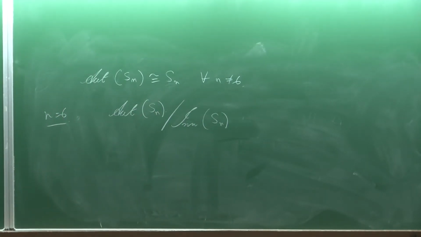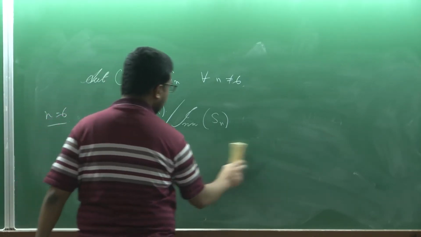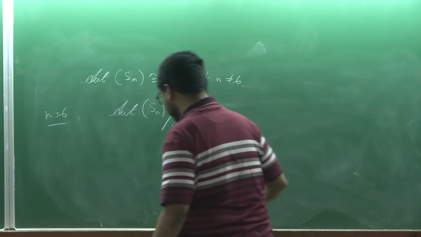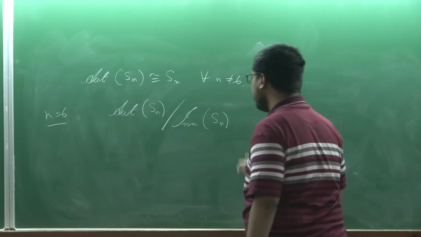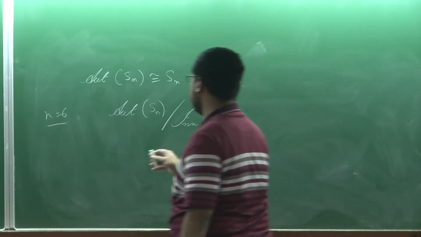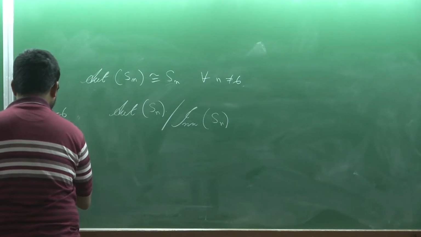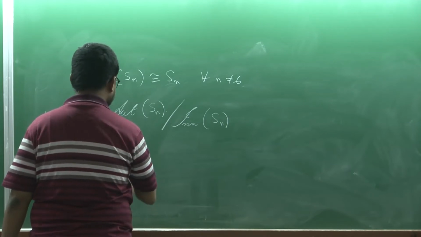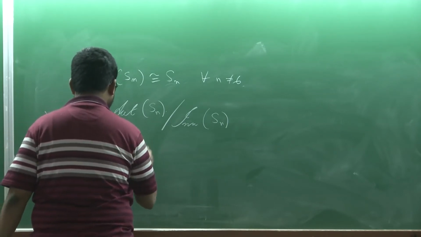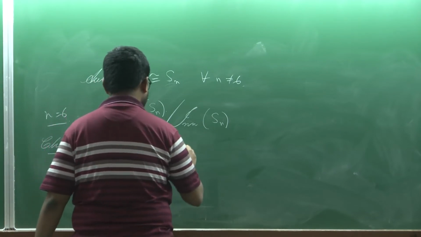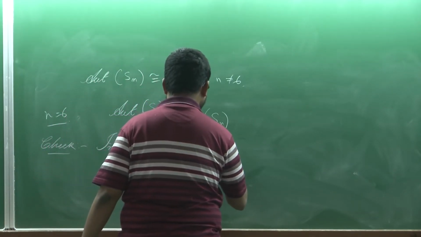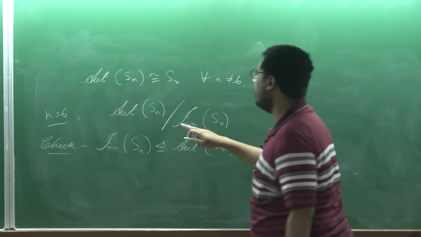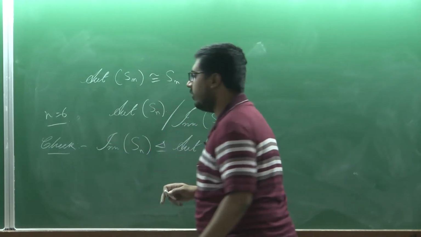That you can immediately check; it is not at all difficult, just a routine verification. So it makes sense to talk about the quotient, and we have already shown in one of the assignments that this group is non-trivial.